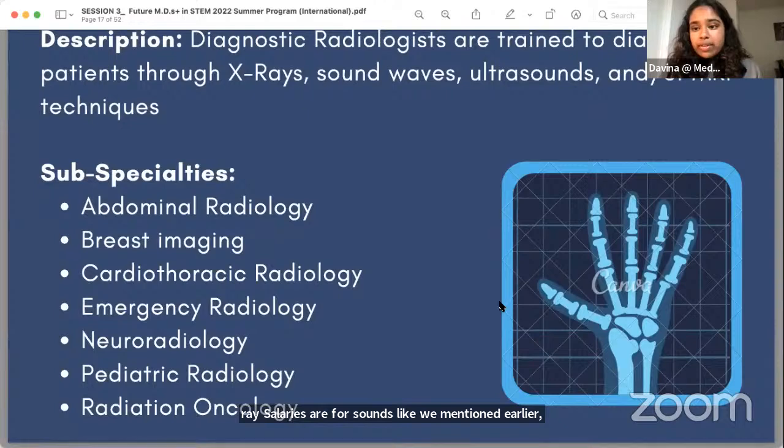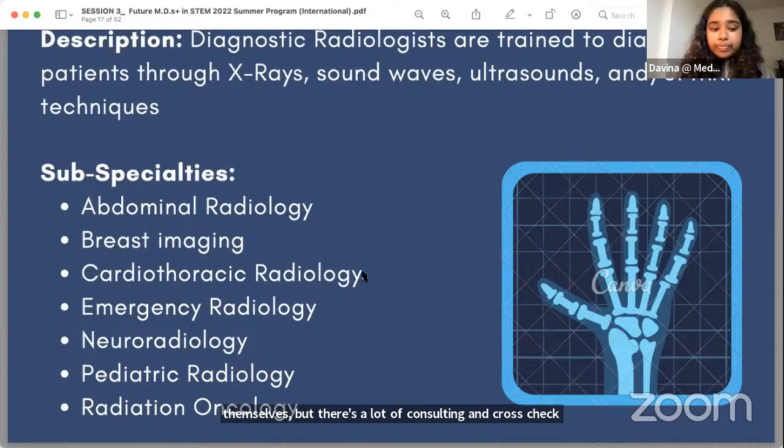For example, if you are going in for an MRI because you've been experiencing seizures, or they might want to be checking if there's a tumor, a radiologist will be helping run your MRI, but they're going to be working with your neurologists and neurology attendings and perhaps other professionals on the scene to cross-reference with them and see what might actually be going on. So radiologists don't necessarily work alone, not that anyone in the medical profession necessarily works by themselves, but there's a lot of consulting and cross-checking that goes on.